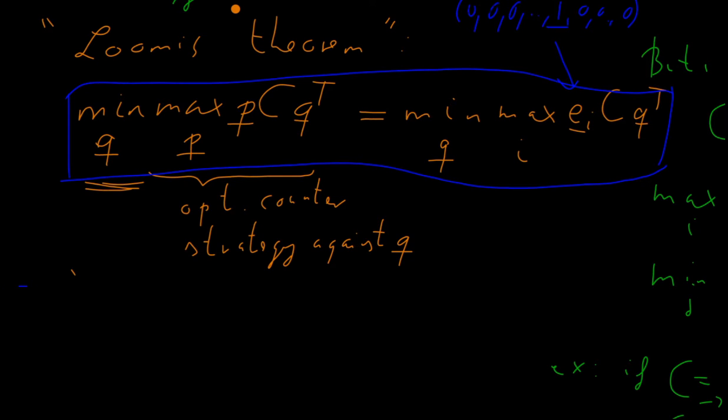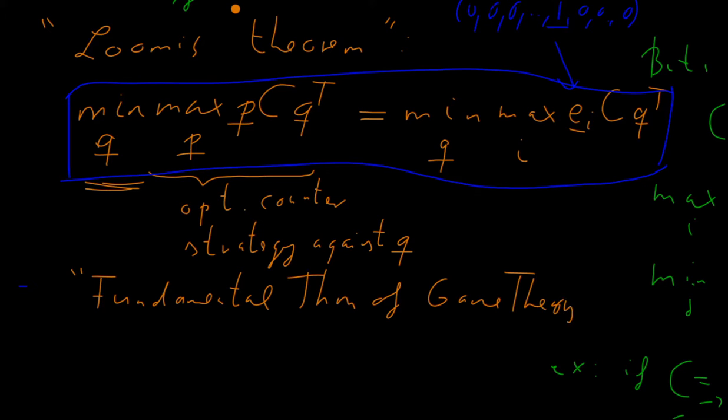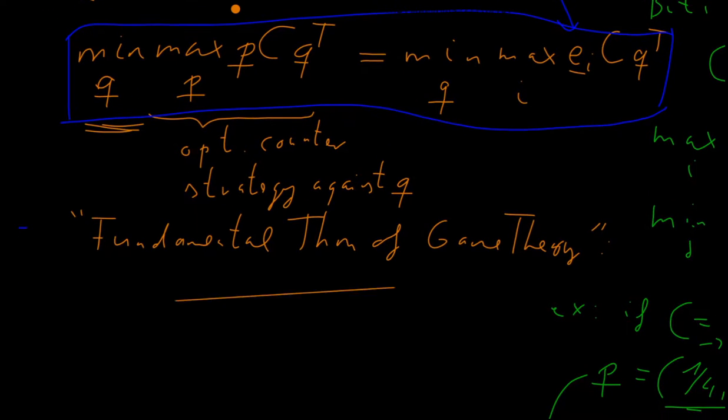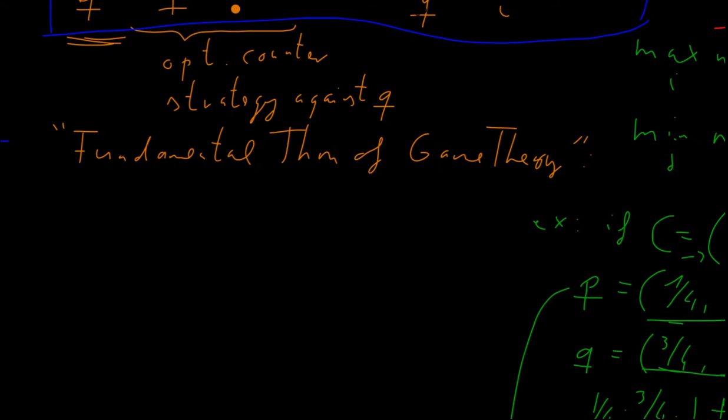And the other thing is the fundamental theorem of game theory. It says that there is always an optimal strategy if you are thinking about mixed strategies. It says that if I want to maximize over P and minimize over Q, P C Q transposed, right?